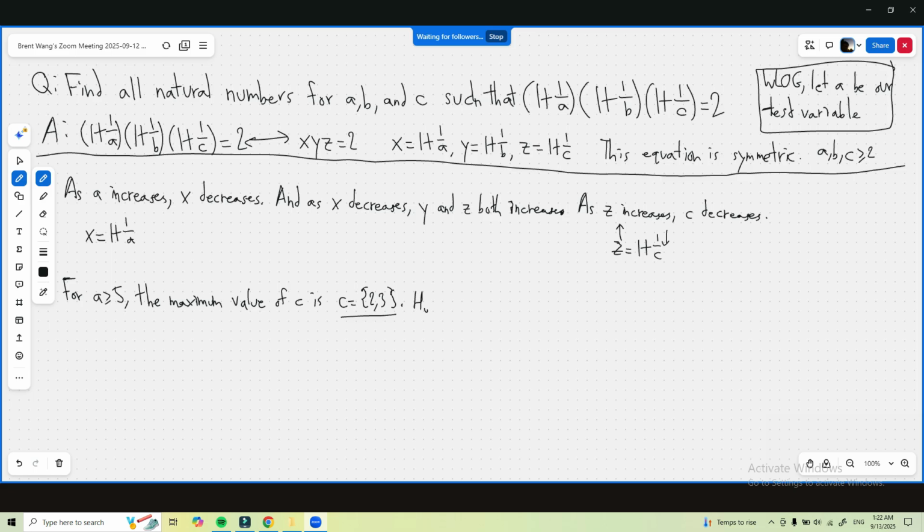However, we already found all values for 2 and 3.